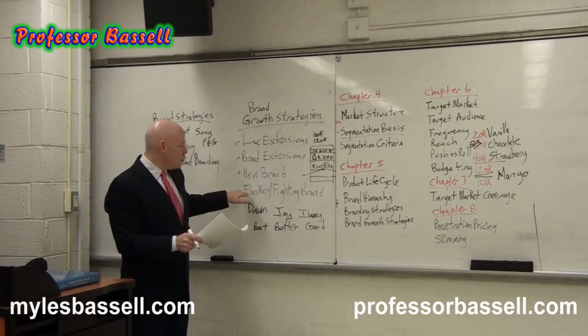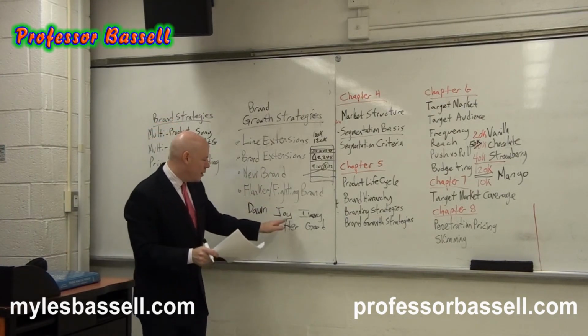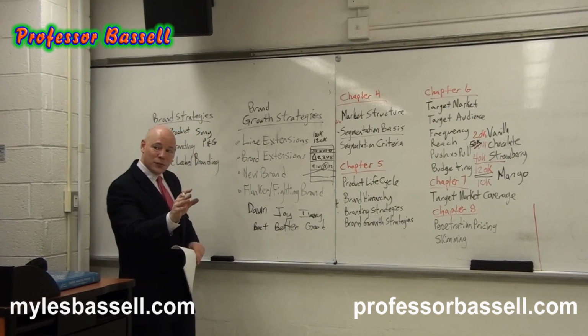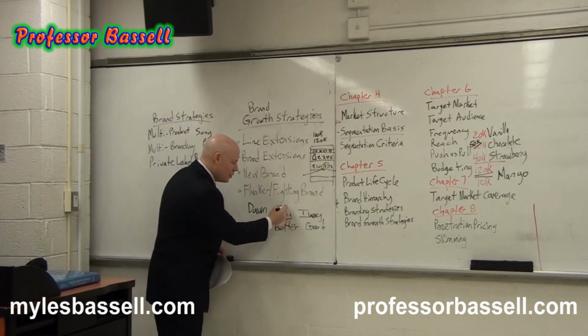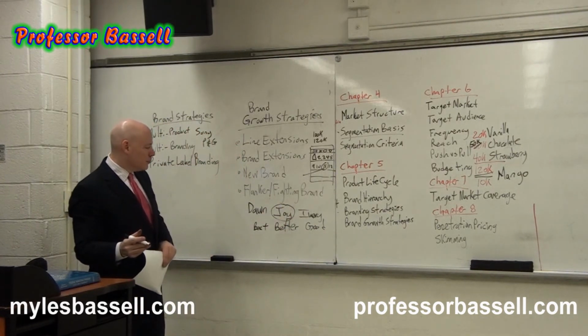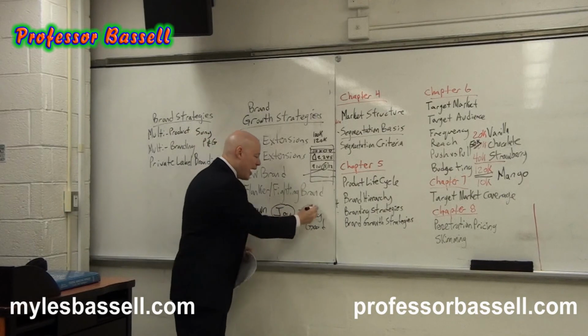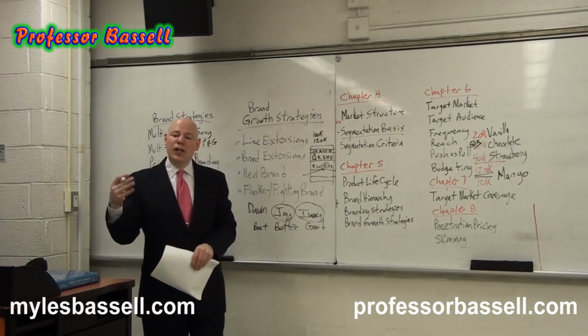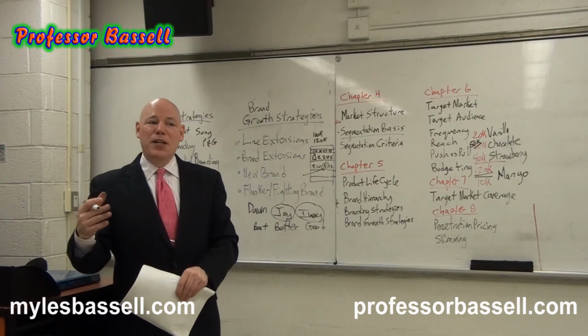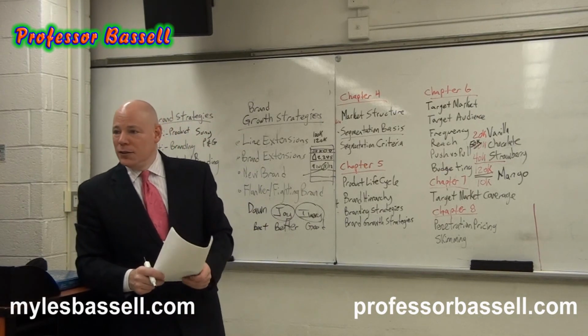So they introduce this fighting brand, this flanker brand, to penetrate within the existing category. They introduce Joy, and they also introduce Ivory. Those are good examples of a flanker brand. So they're preempting cannibalization.